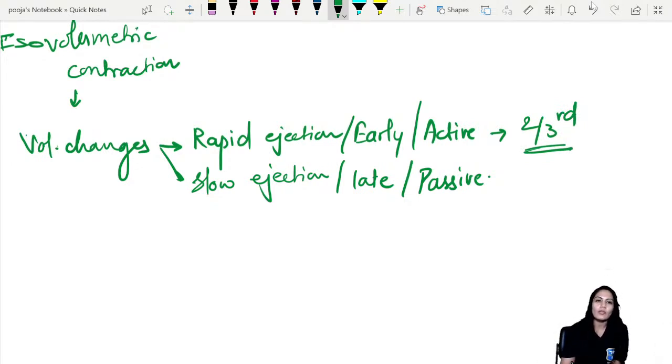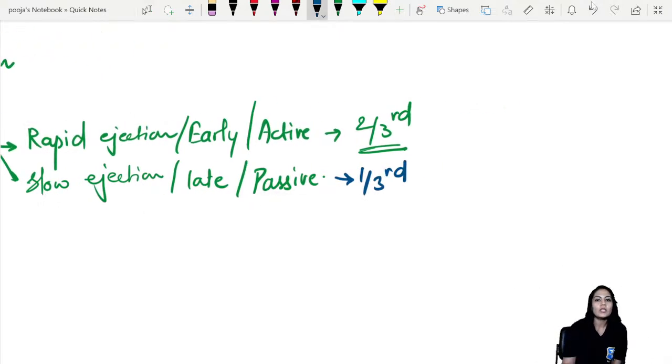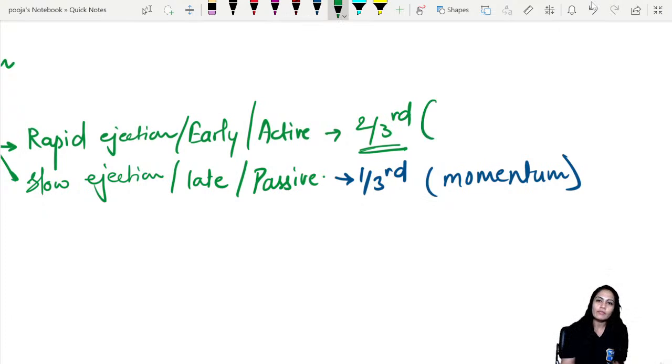That is rapid ejection, early ejection, or active ejection, right? And the remaining 1/3 volume also moves because of the momentum that is gained by the contraction of the ventricle, right? And the first part is due to ventricular contraction.